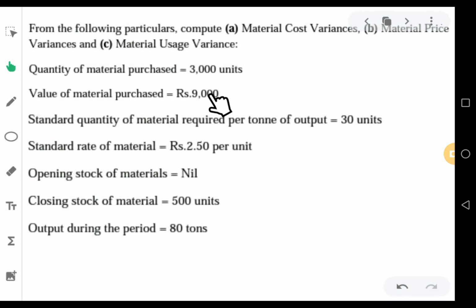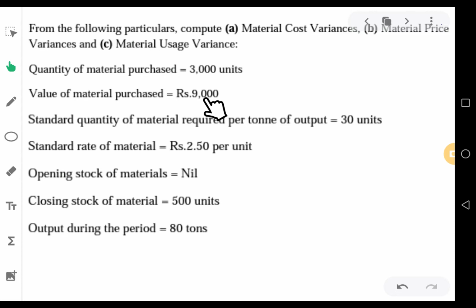So, quantity of materials purchased is 3000 units, and the next item, value of materials purchased, rupees 9000. So, they have given both the quantity and the value of materials purchased.